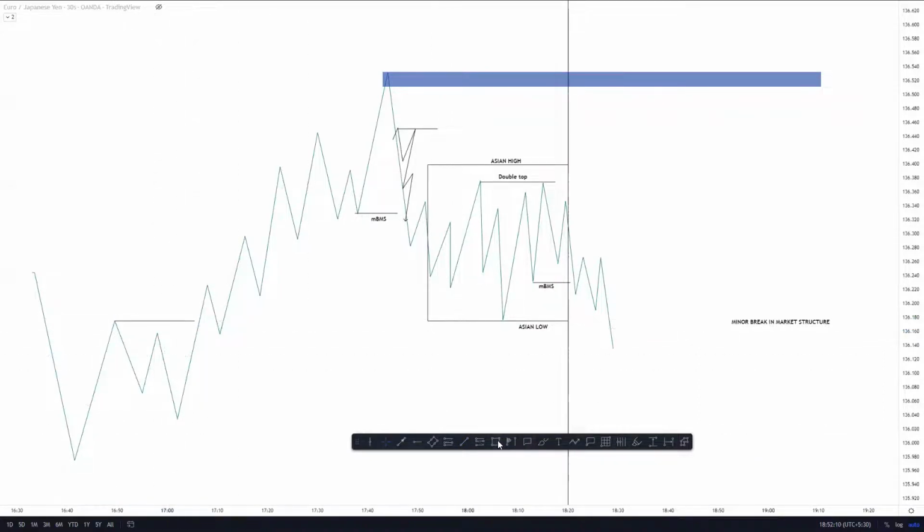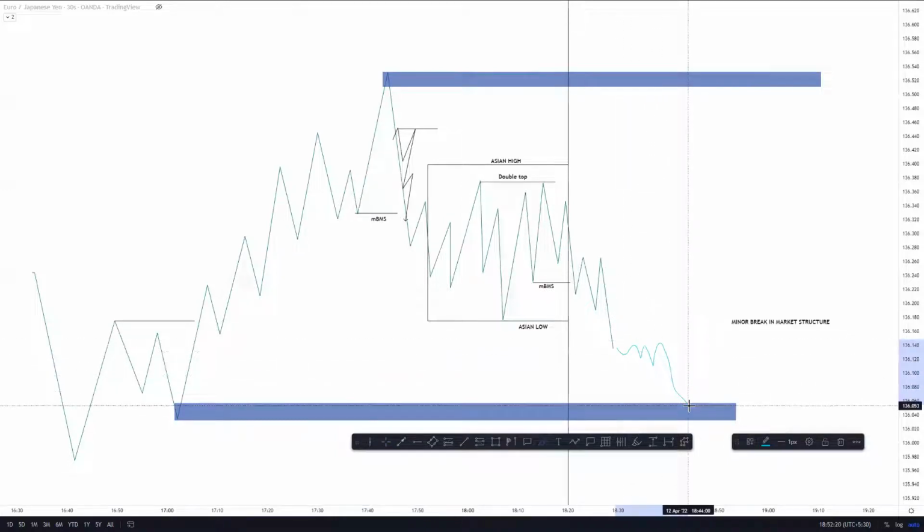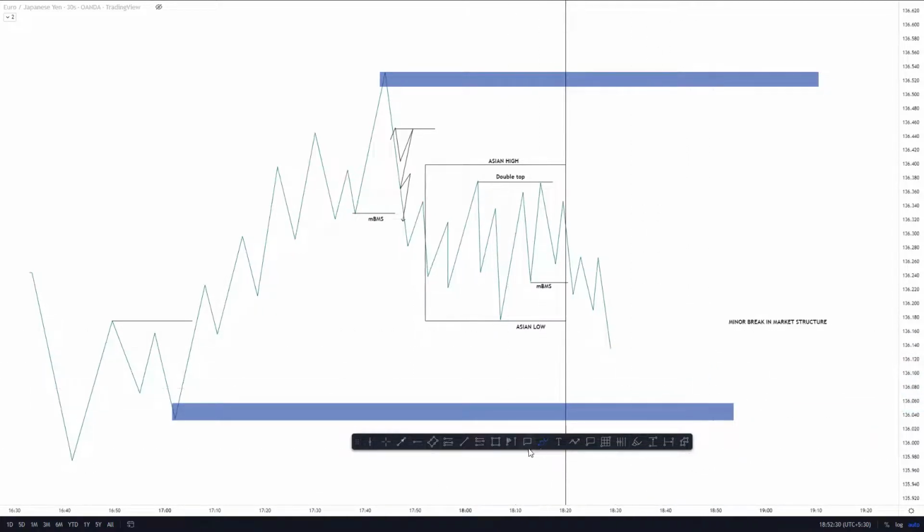So for instance, like this will be your point of interest. Okay, so what I will look for is I will look for price to come around this zone and mitigate this zone and give us some high, then again low, then again high. Like price gives us this low, then high, then this low again, then again high.